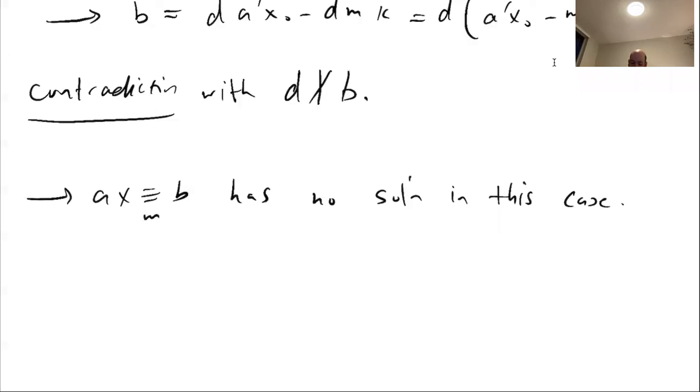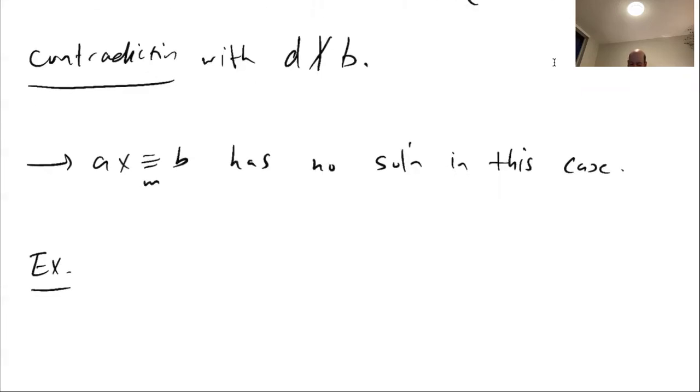Okay, so for example, let's say 10x equals, let's say, 3 mod 15.